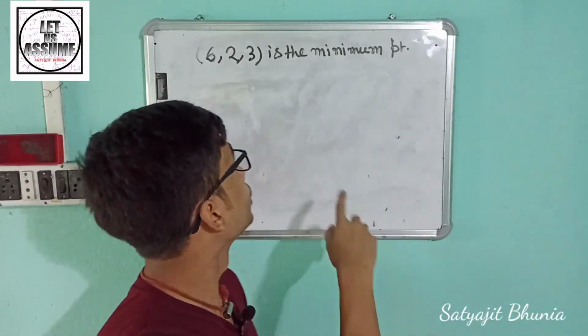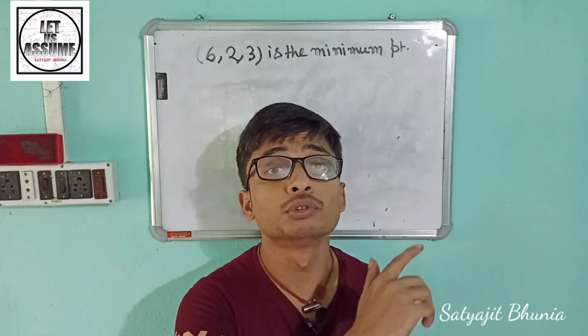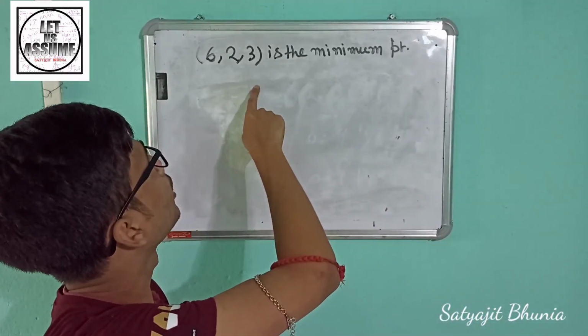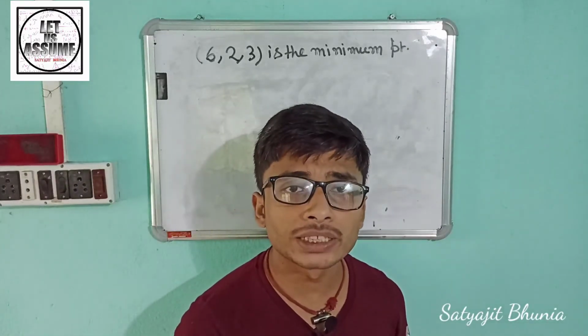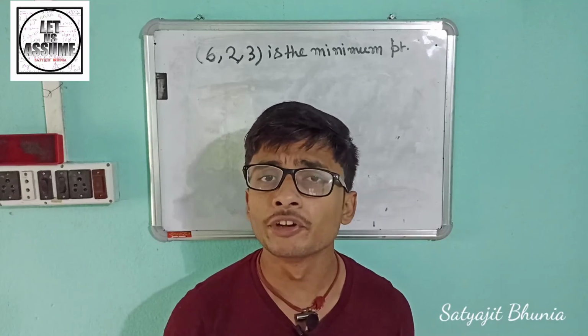Now we get the minimum value of the objective function by putting the point 6, 2, 3 in the given objective function, and this is left for the viewers.